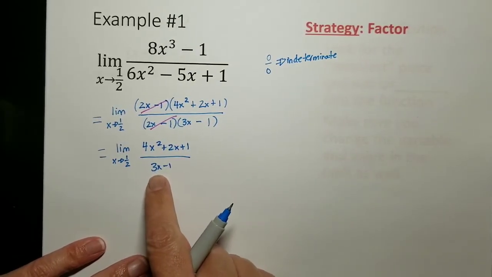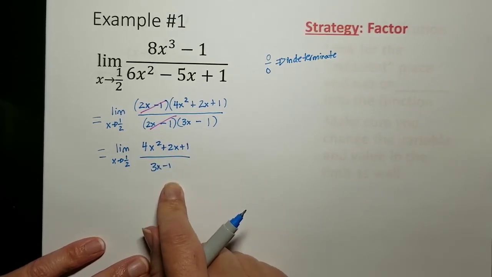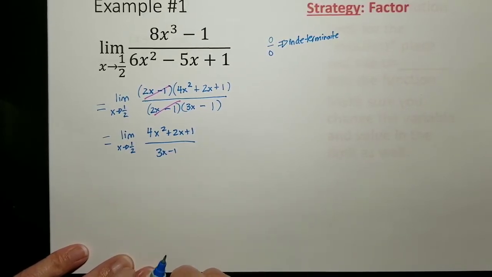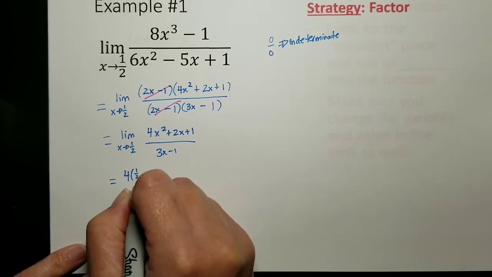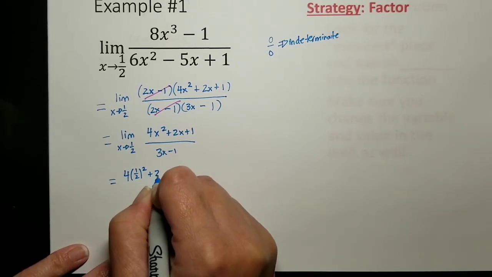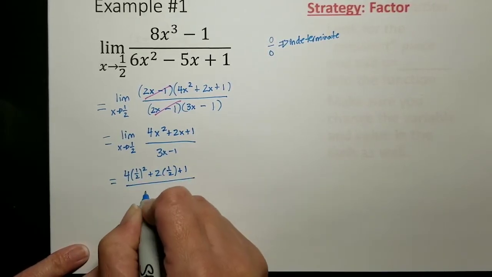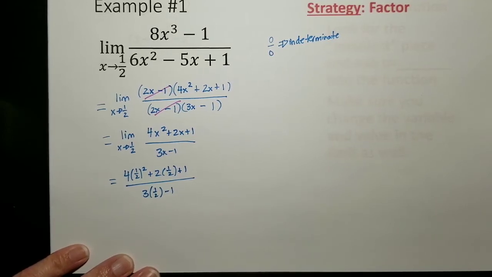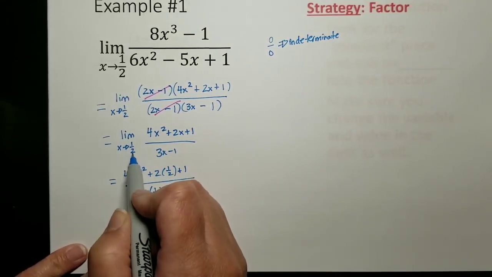And if we sub in x equals 1/2, we're definitely not going to get that indeterminate form anymore, because I can for sure see that 1/2 would not make the denominator equal to 0. So now I'm going to just sub this in: 4 times 1/2 squared plus 2 times 1/2 plus 1 over 3 times 1/2 minus 1. Now, notice here that I have dropped that limit notation.